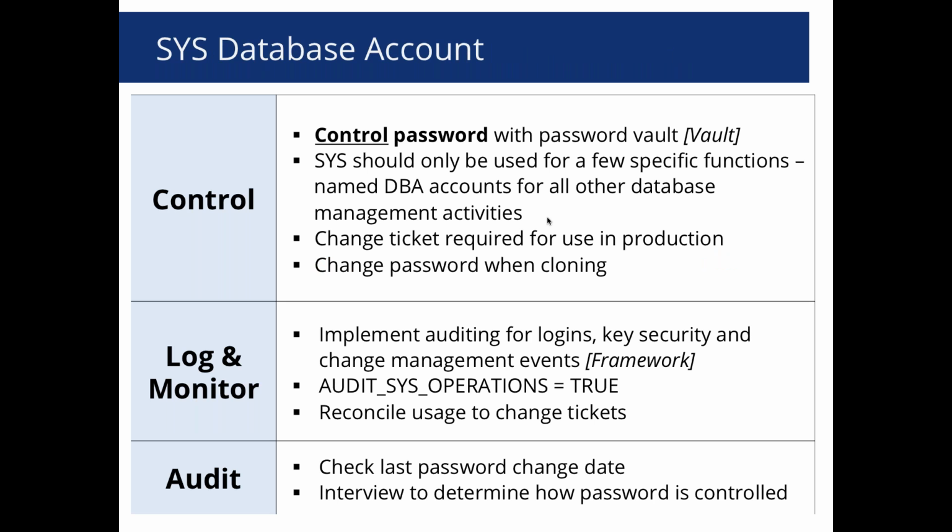If you don't have a password vault, I would highly recommend looking at some open source today, and then make sure that you're soon, maybe tomorrow, looking at an implementation of an enterprise password tool. Within the Oracle database, you want to make sure that you have SYS operations enabled, so SYS operations equals true as a startup parameter, and its purpose is to specifically audit the operations of the SYS account.